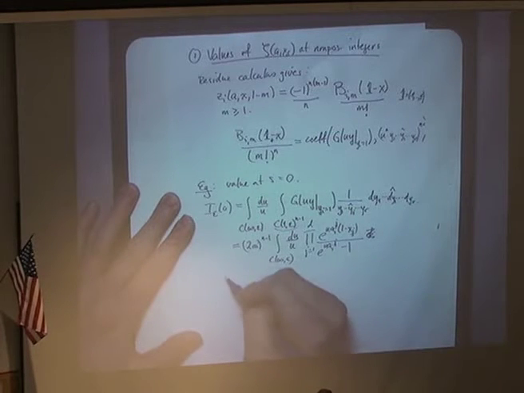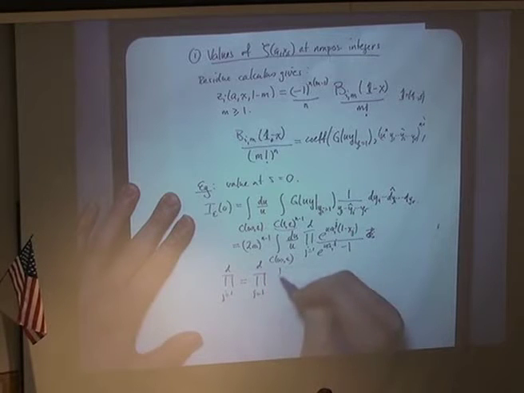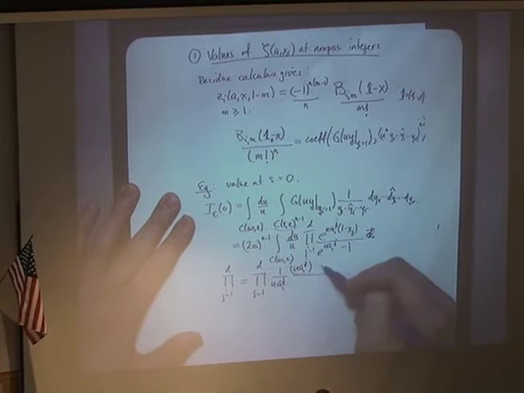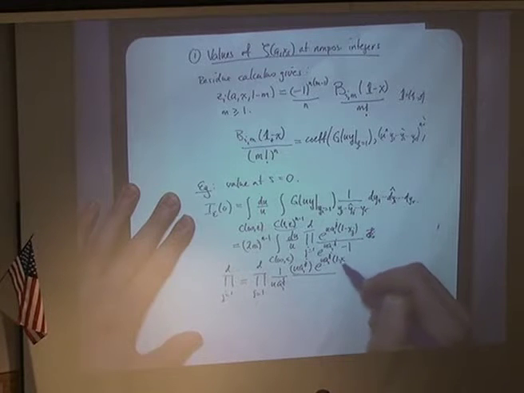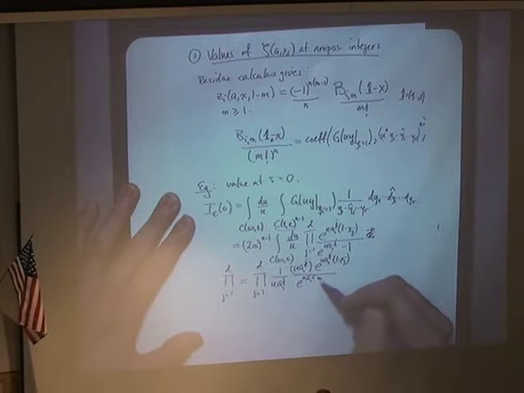And so note that this product occurring in the integral, we can rewrite as the product as j goes from 1 to d of 1 over u aij times u aij times e to the u aij times 1 minus xj divided by e to the u aij minus 1.